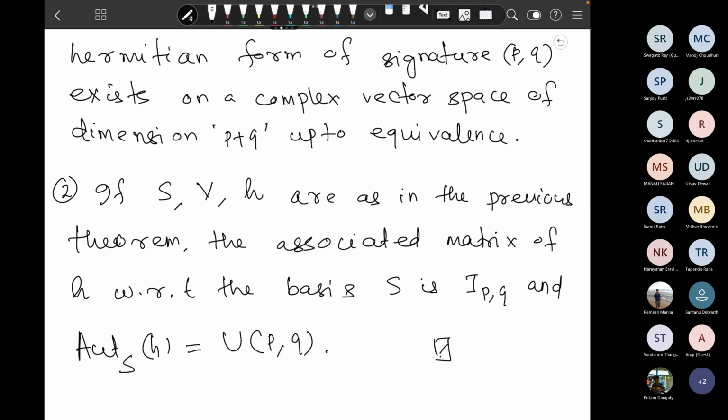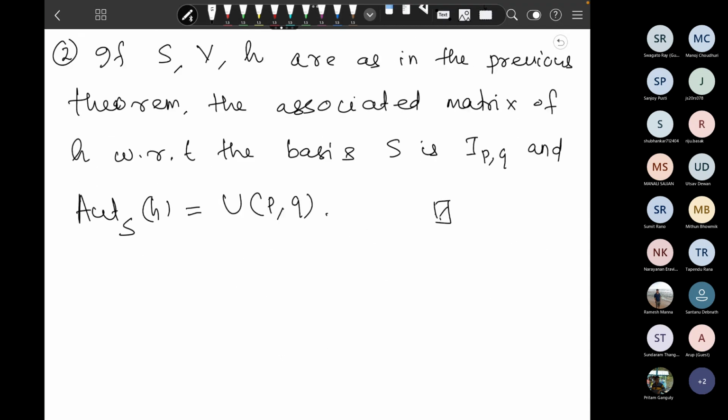So this is the corollary, an important remark.